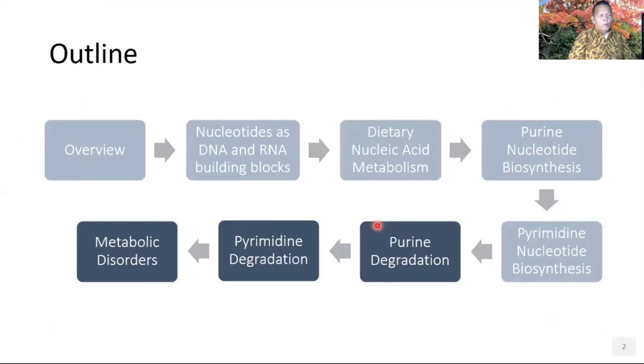We have discussed already nucleotides as DNA and RNA building blocks, dietary nucleic acid metabolism, and purine nucleotide biosynthesis, and pyrimidine nucleotide biosynthesis. In this case, we discussed the anabolic reactions. Now we will continue to purine degradation, pyrimidine degradation, and metabolic disorders.